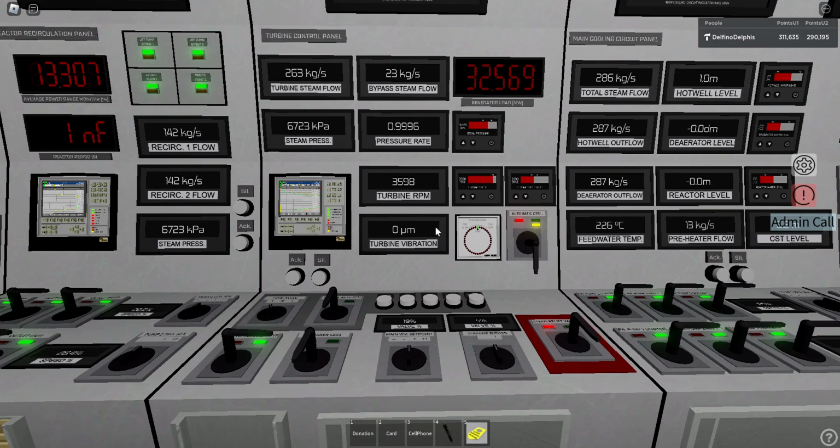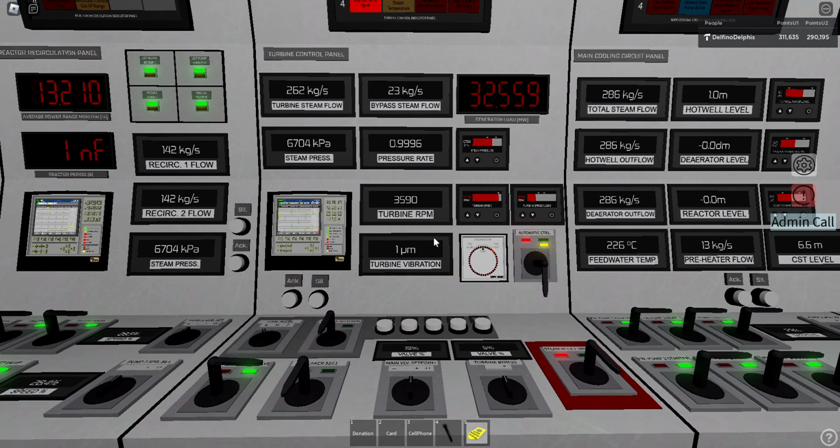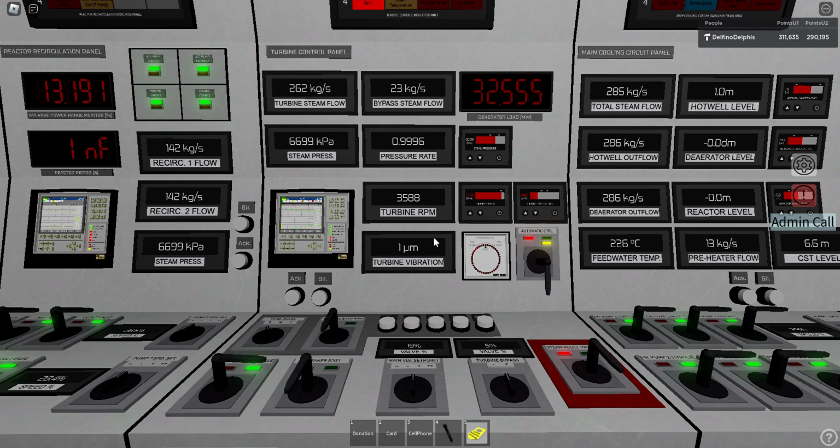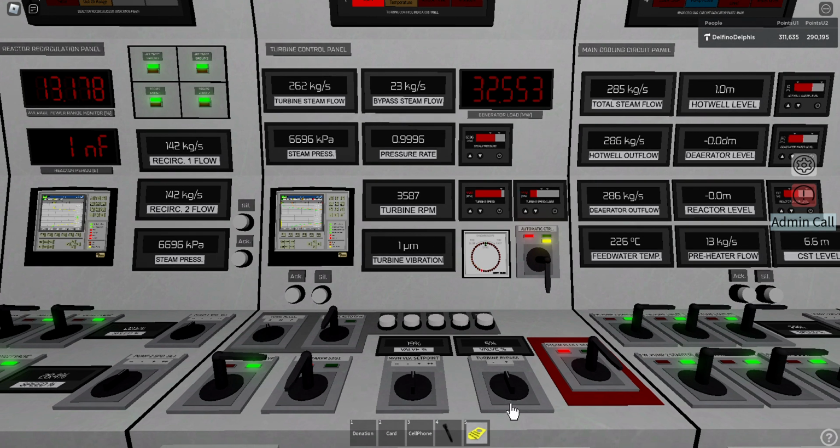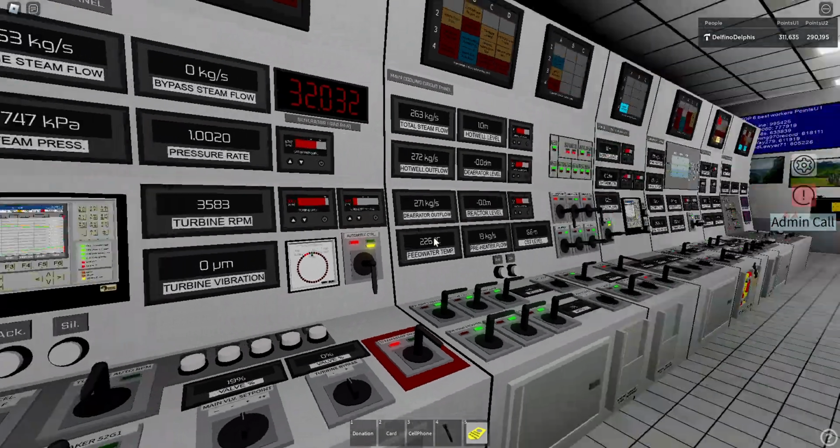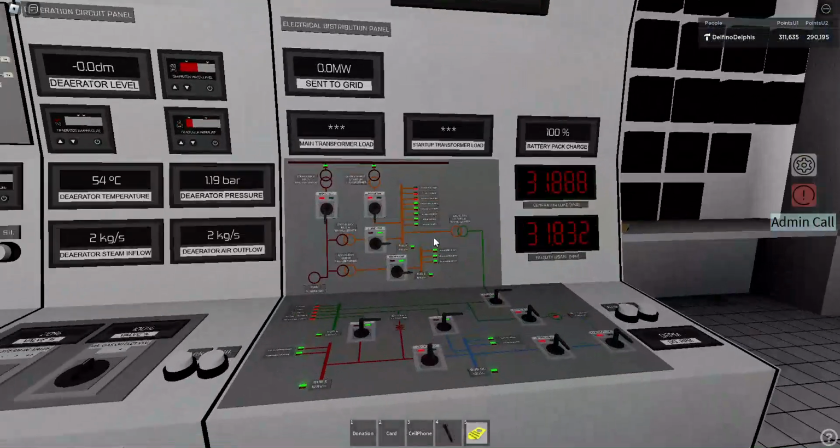Now you can see turbine RPM changed. It's a little below. It means we were just below the right power, but generally I'm okay. Maybe okay. I need to close the bypass. I just opened it. Now once I close the bypass, this should just stabilize.